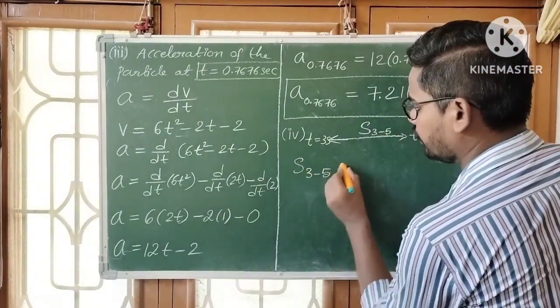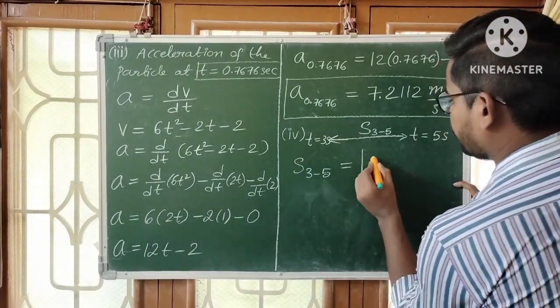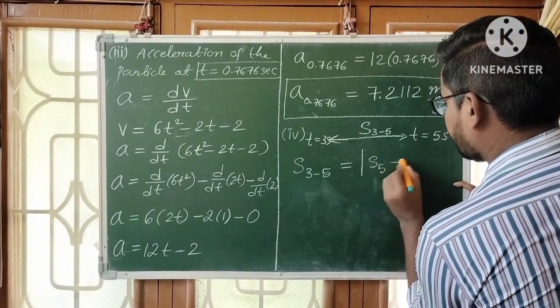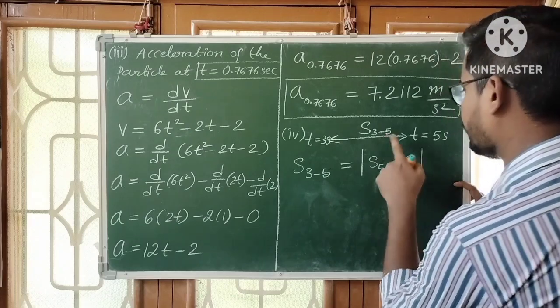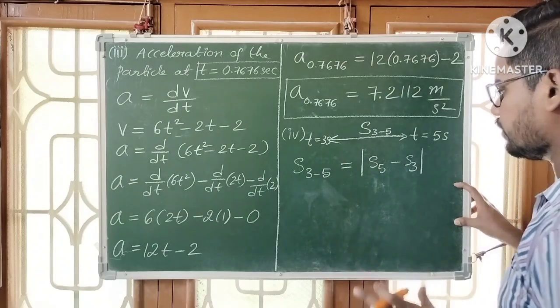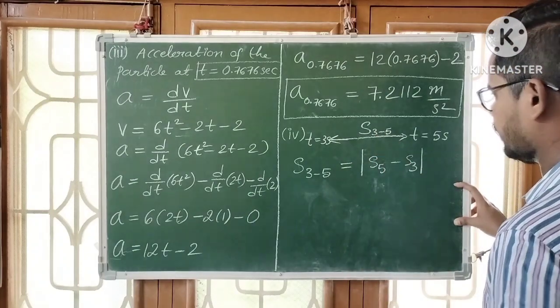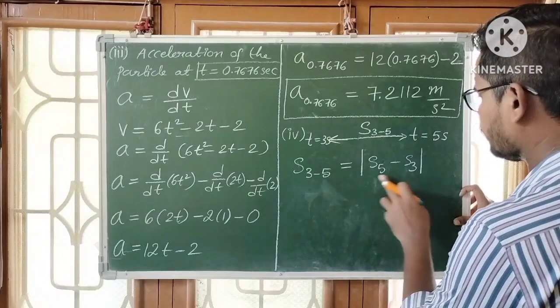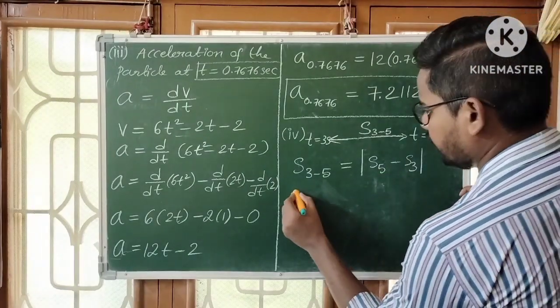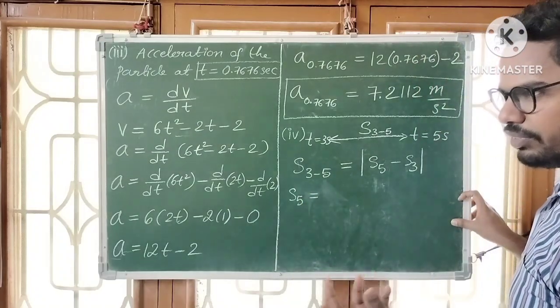So how to find S 3 to 5? What is the formula? Simple formula: modulus of S5 minus S3, final position minus initial position. Total distance covered by the particle from 3 seconds to 5 seconds is given by modulus of S5 minus S3. What is the meaning of S5?